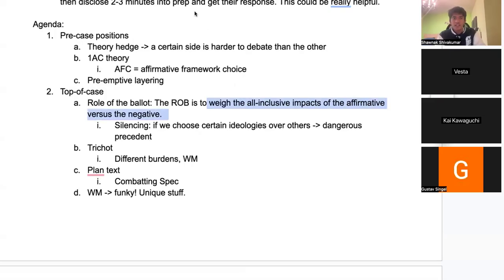That's a bad role of the ballot, because then the response to the post-fiat policy option is, okay, then you silence all our pre-fiat stuff, and you're facing an uphill battle, because you're trying to silence the critique. You're trying to say you can't weigh the critique because you can only weigh post-fiat and the status quo.